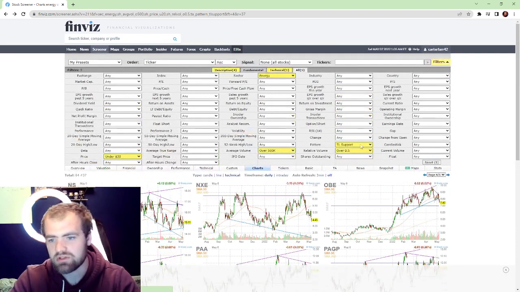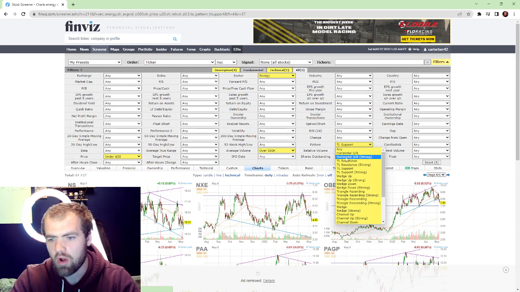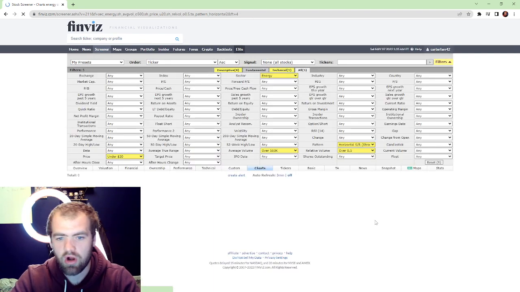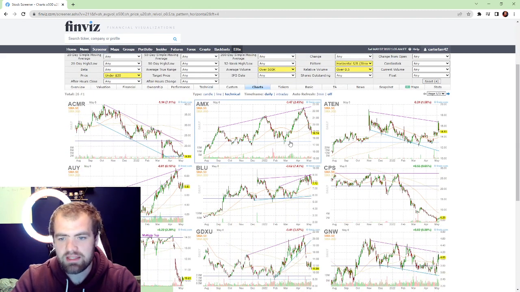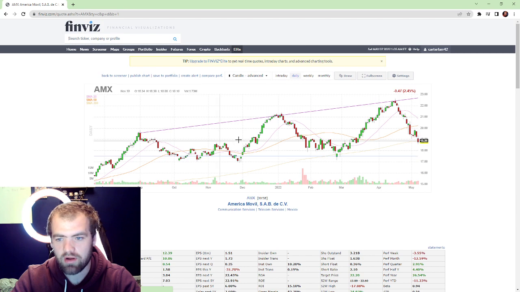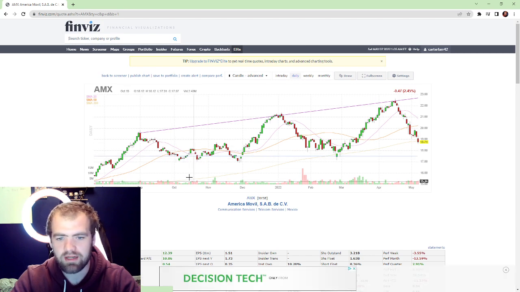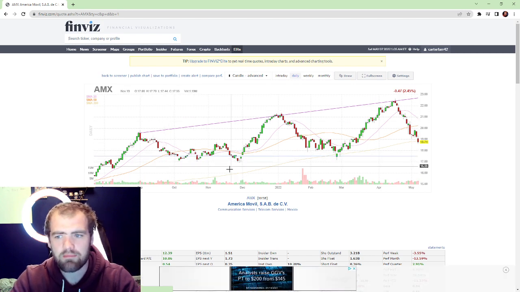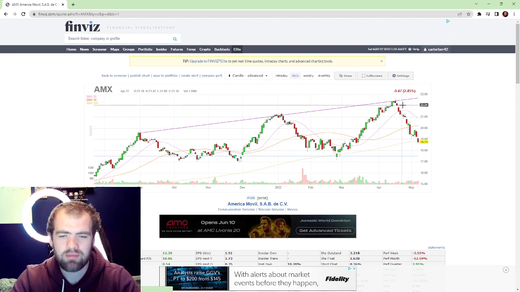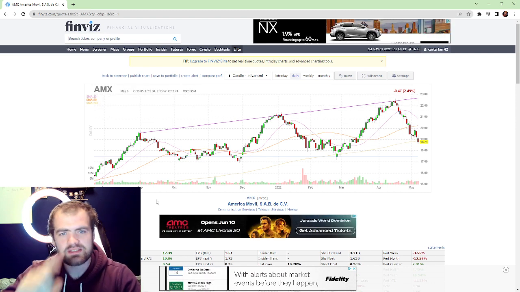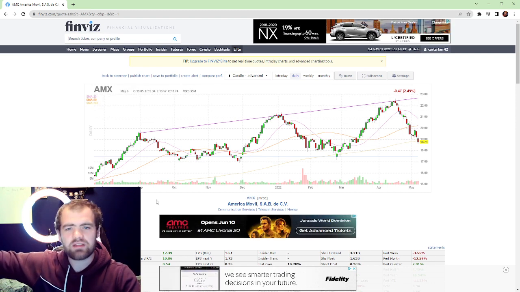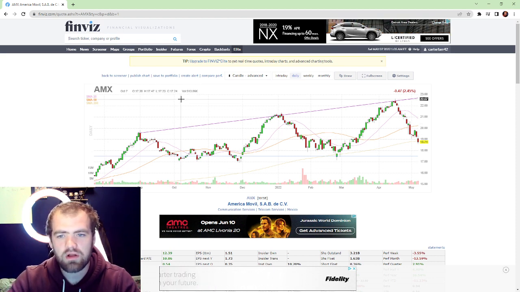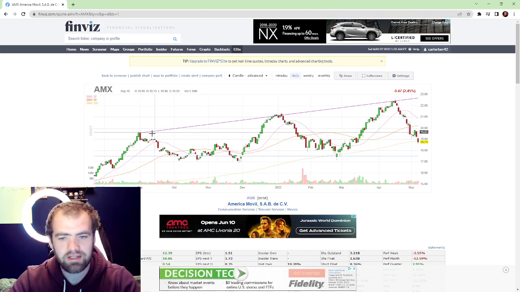Another thing you guys can do is go to horizontal S/R. So what this will do is it's a little different. These will have stocks that are kind of consolidating out, right? Maybe not skyrocketing up or maybe not selling off a ton, but stocks that are just kind of consolidating. And what you can do is understand the support and resistance.